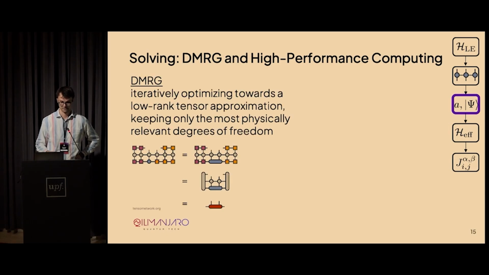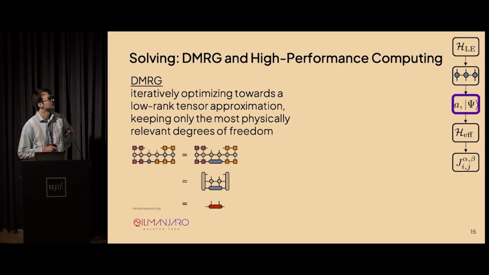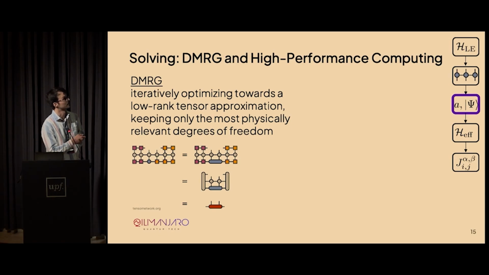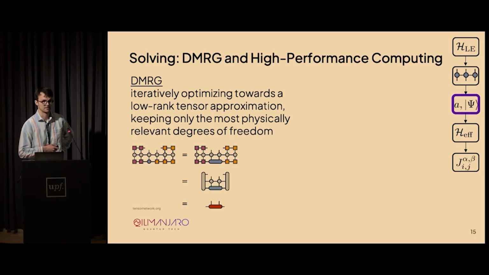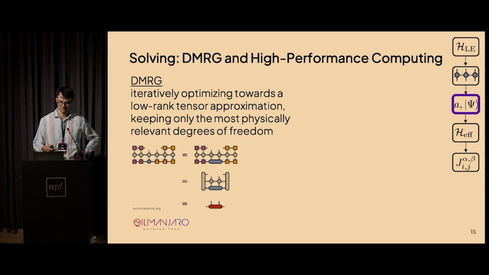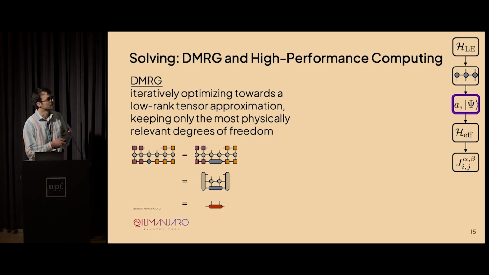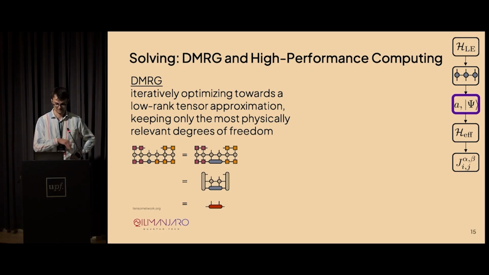The most common way is to do the DMRG, which, to give you a little bit of intuition, is an iterative process to sweep through the tensor network and always cut away the least relevant degrees of freedom, so you can get a very low-rank tensor approximation, often, not always, and then you have an efficient representation, and then this can be solved easily.